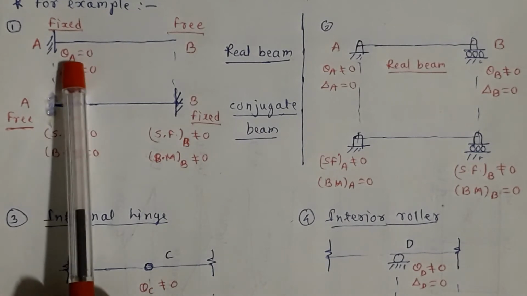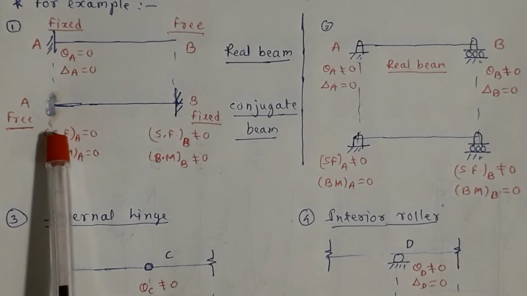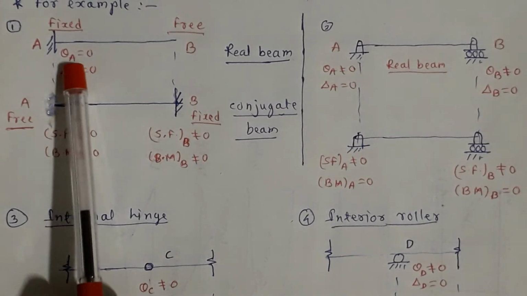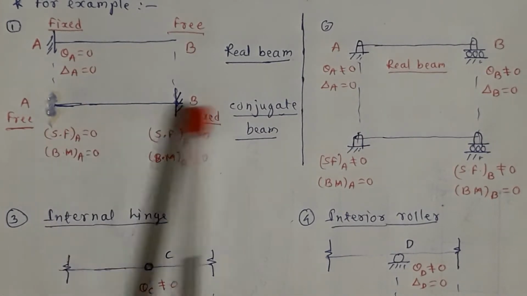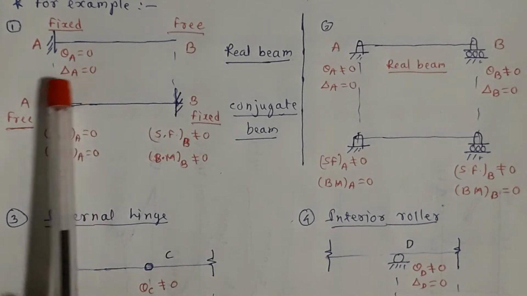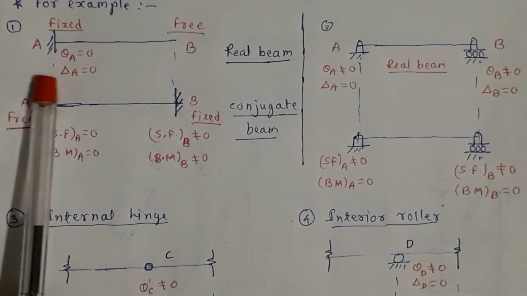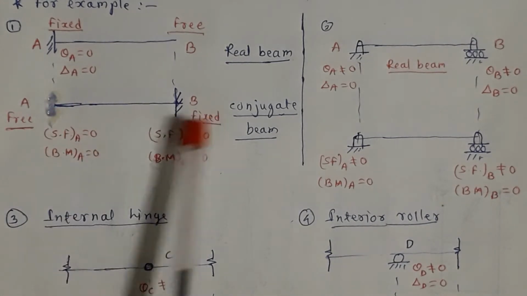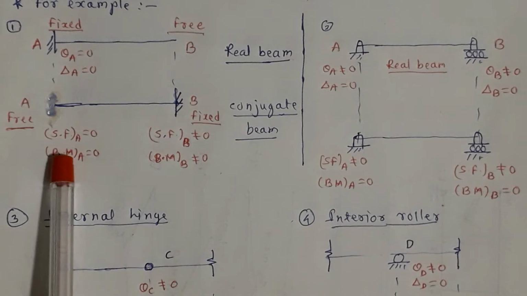So if the slope at A is 0, the shear force at A in the conjugate beam must also be 0. Similarly, if delta A, the deflection at A in the real beam, is 0, then the bending moment at A in the conjugate beam should also be 0.